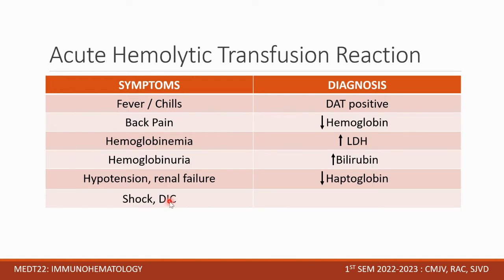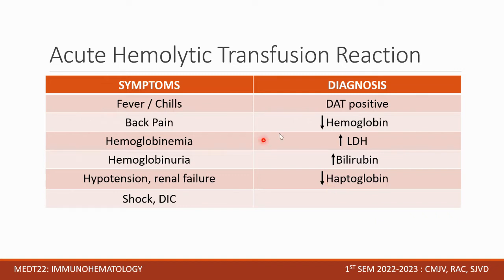Okay, so how would we diagnose acute hemolytic transfusion reaction? So siya ay DAT positive, direct antiglobulin testing positive. Okay, and then decrease ang hemoglobin ni patient, increase si LDH, increase din si bilirubin, decrease si haptoglobin.